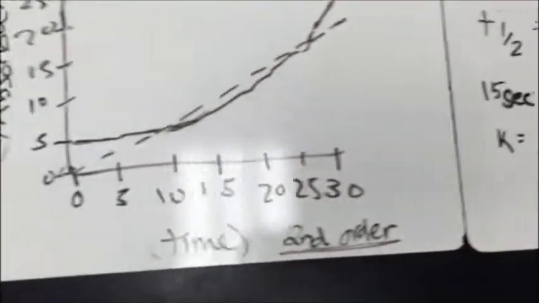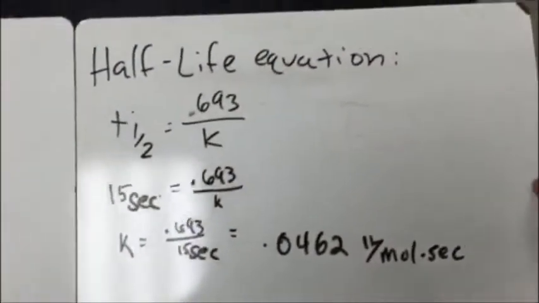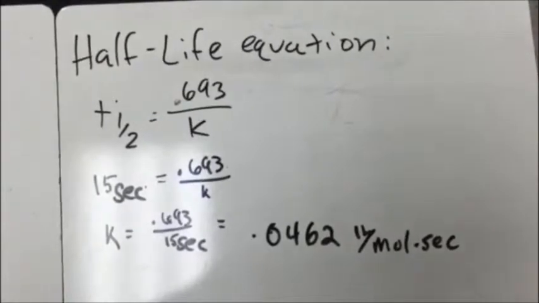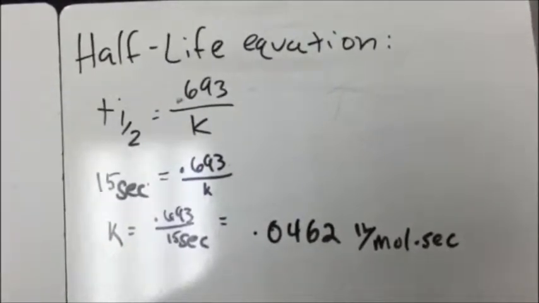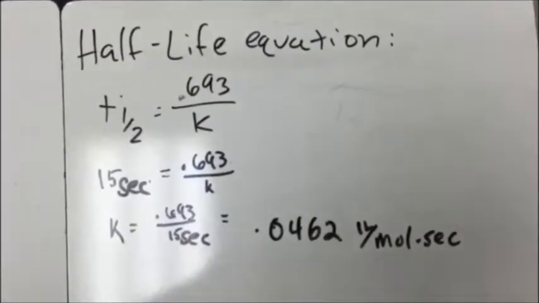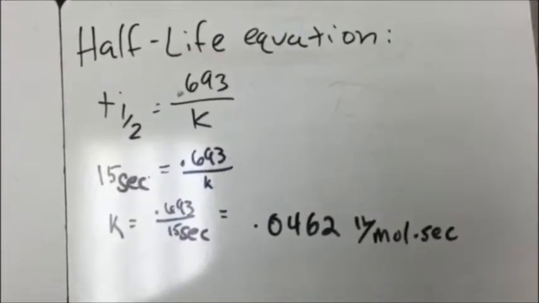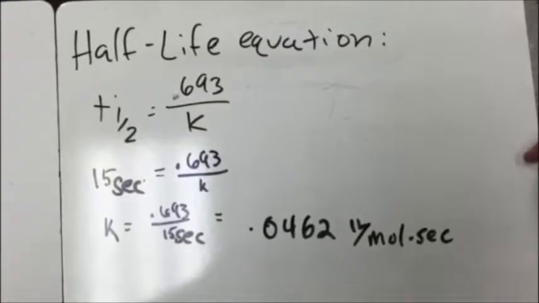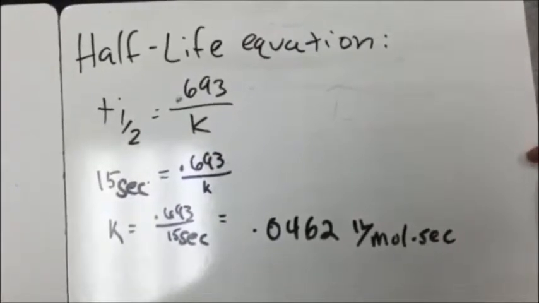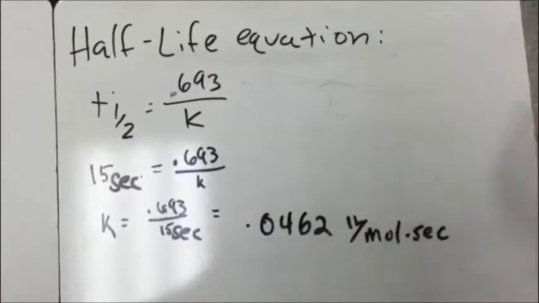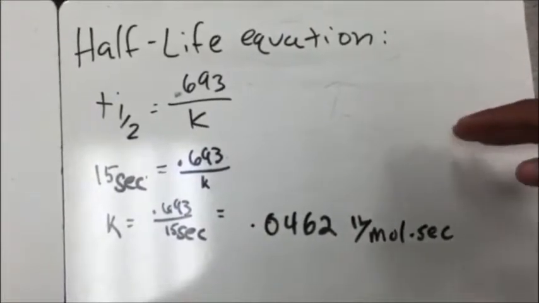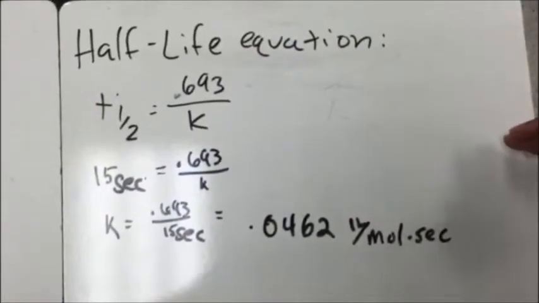Alright, so now we're going to go into the explanation for the half-life equation. The half-life equation, as you can see, is T1/2 = 0.693/k. We're going to try to isolate k, and we already said that the half-life of this reaction is 15 seconds. So 15 seconds = 0.693/k.